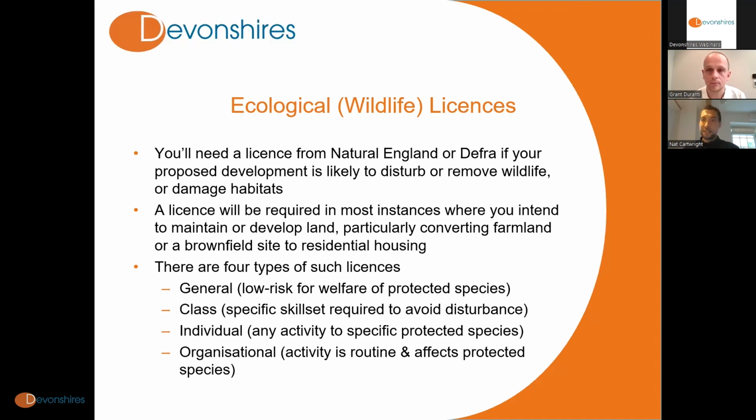Similarly, if you want to upset a badger set, or if there are mice or voles or anything you'd find in natural wildlife areas, and you are going to upset any specific species, then you would need that sort of license.